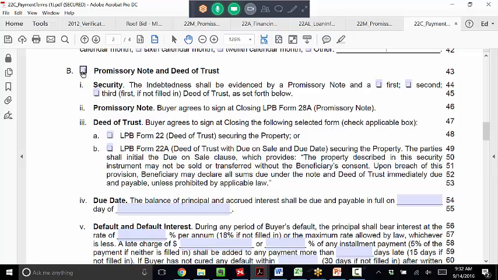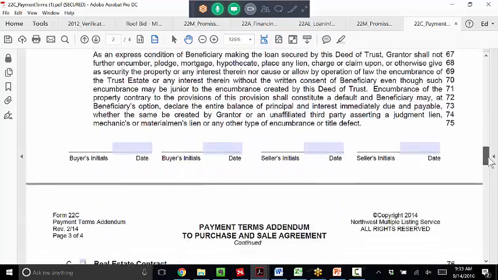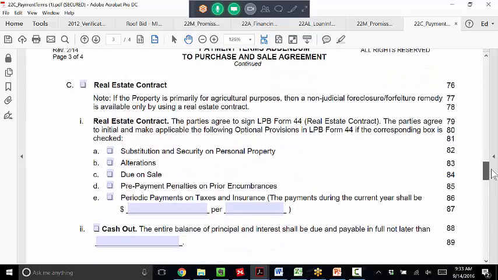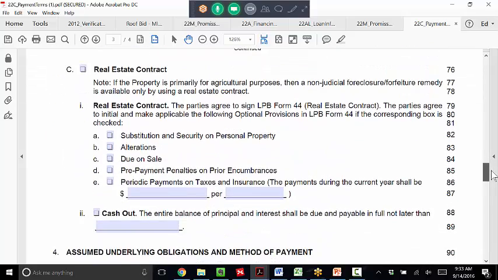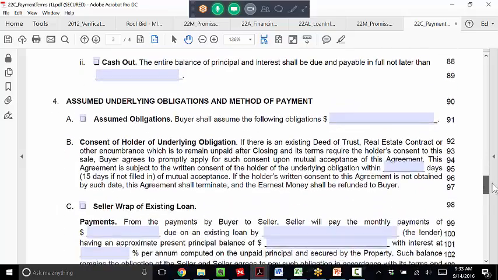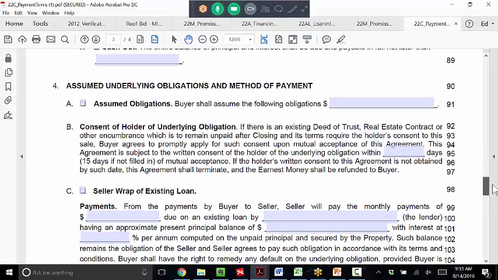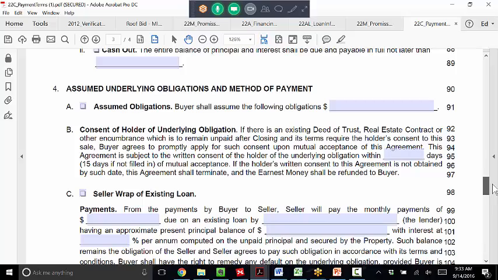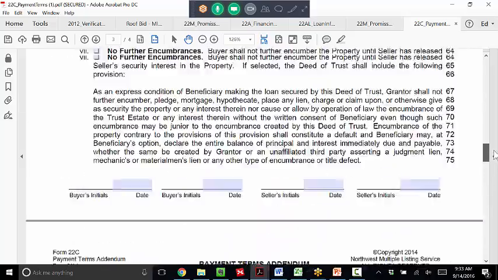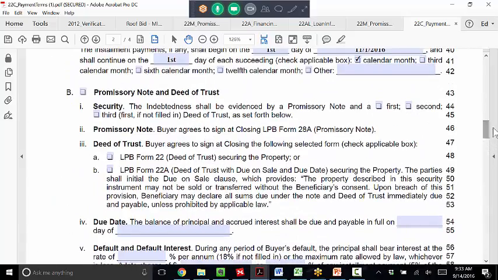So are we going to use a promissory note and deed of trust? Or might we use a real estate contract instead? Or maybe assume the mortgage that's already against the house that the seller has. So you have to decide that. Now, what's most common is this one, promissory note and deed of trust.